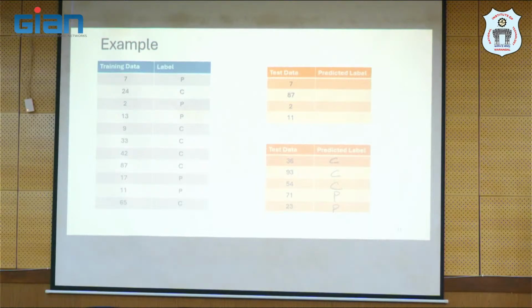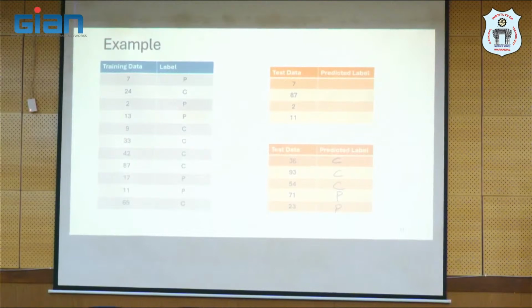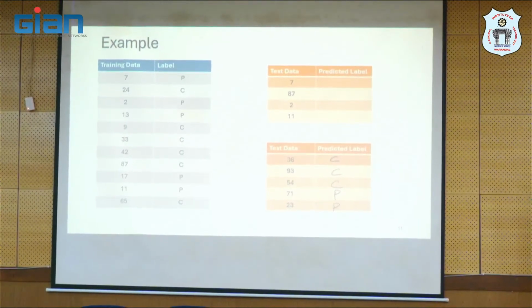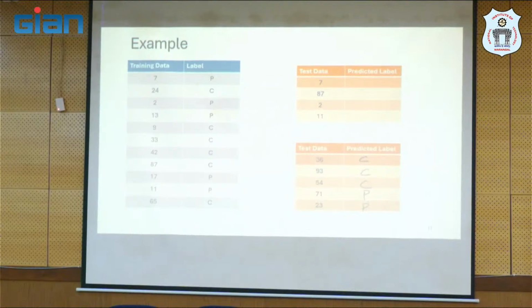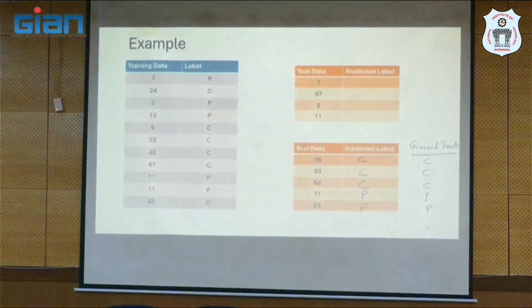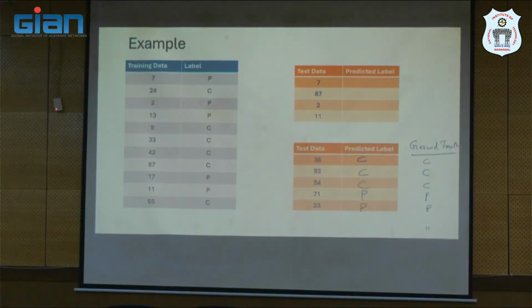If you have predicted this, and if I know these are my exact labels, then the prediction accuracy is the number of labels predicted correctly. So if I know my ground truth, and if I say this is C, C, C, P, P, then the accuracy of prediction is 100%. Okay.